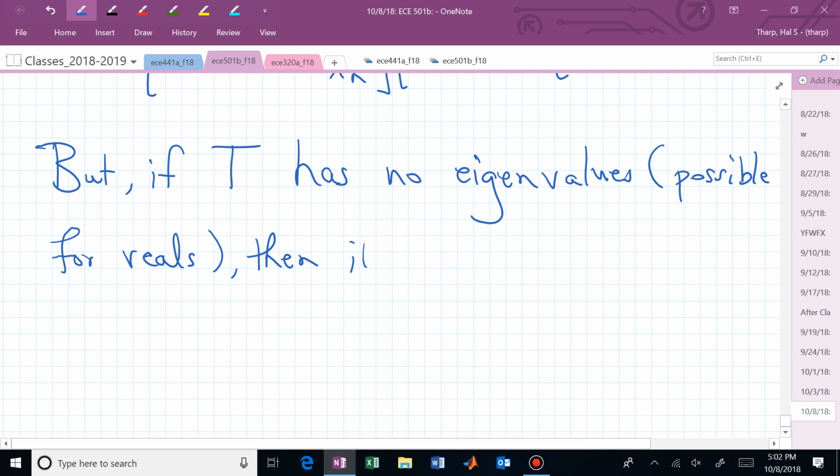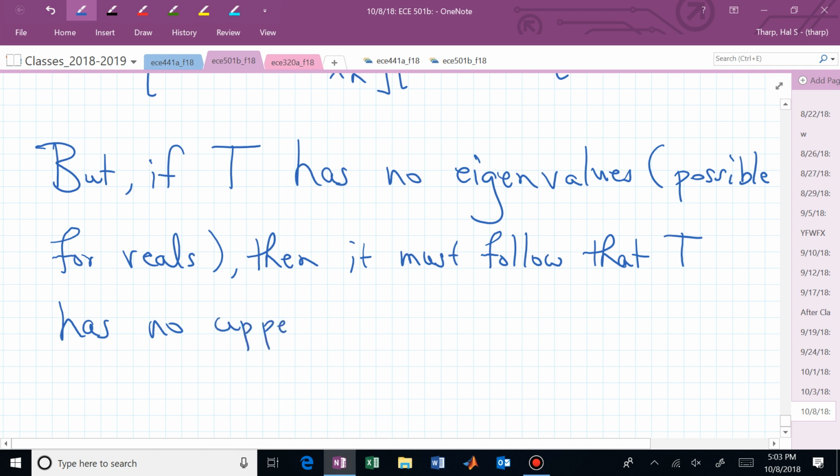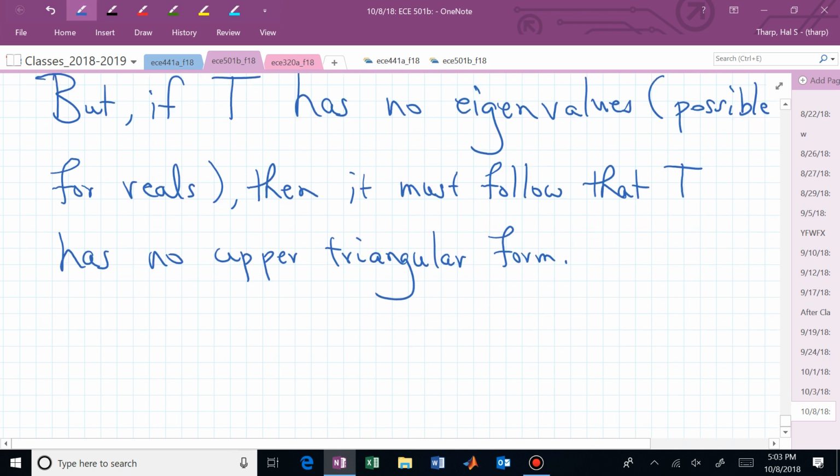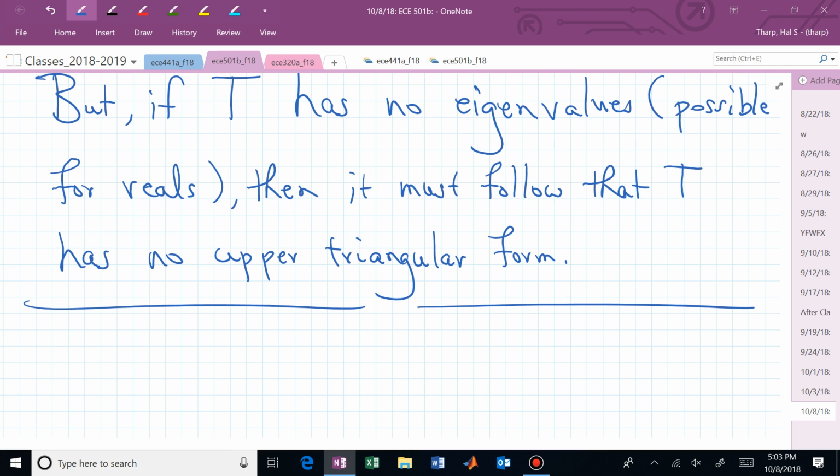Then it must follow that the linear map T has no upper triangular form. So there's the power or the beauty of having FD CVS versus FD RVS.